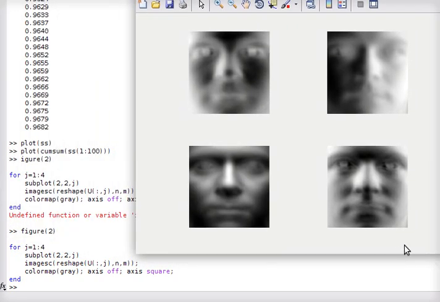Looking pretty funky. What you're looking at is a composition of lots of faces. The first one is the direction of most variance. The next one is orthogonal to the first one, the third is orthogonal to the first two, and the fourth is orthogonal to the first three.